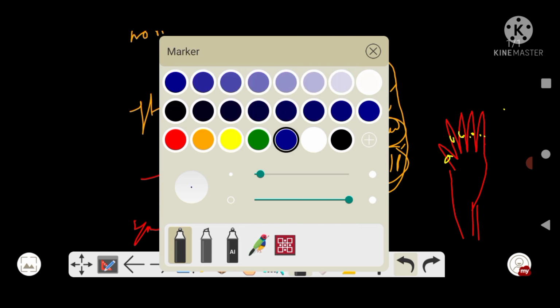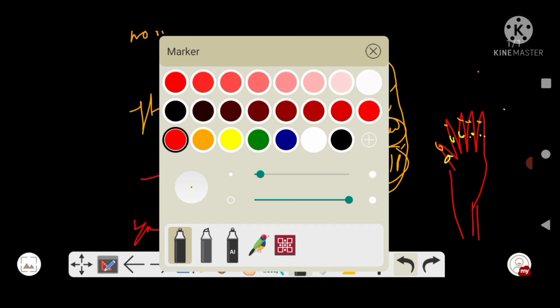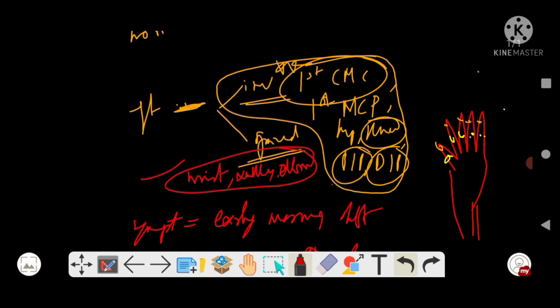And the distal interphalangeal joint I am marking with orange color. Okay, distal will be here. It's the distal interphalangeal joint. Now see, which color should I take? Let me take this one. Okay, so over a period of years, when there is osteophyte development and soft tissue swelling, that will produce a knobby appearance at the distal interphalangeal joints, right?